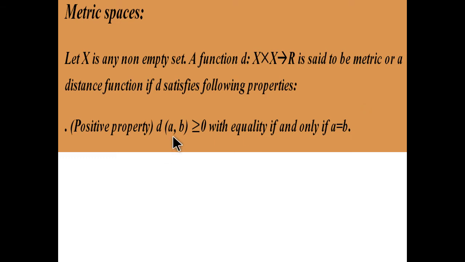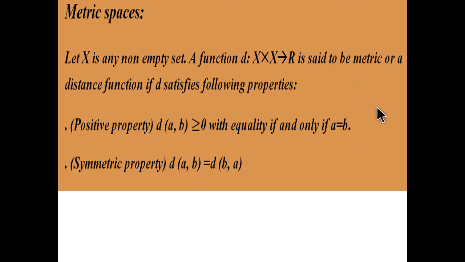The first property is the positive property. The distance between 2 points A and B should be non-negative, and equality holds if and only if A is equal to B. The second property is the symmetric property.